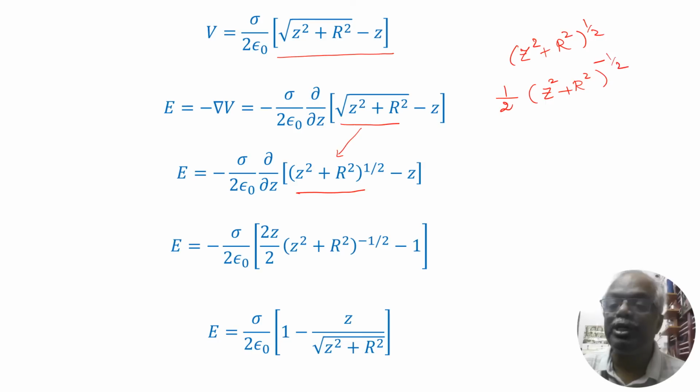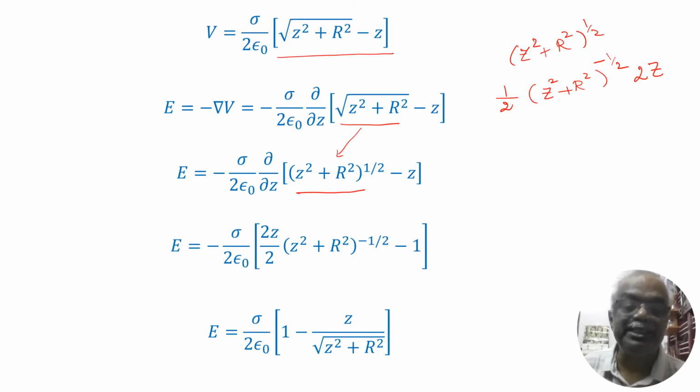And you are not supposed to forget the derivative of z squared, which gives 2z. So we get half times 2z times z squared plus r squared to the power minus half. Then minus z: if you differentiate z with respect to z, you will get 1, so this is minus 1.